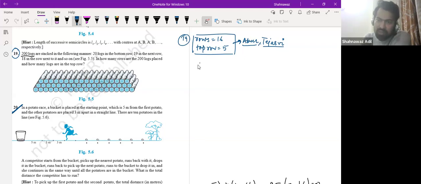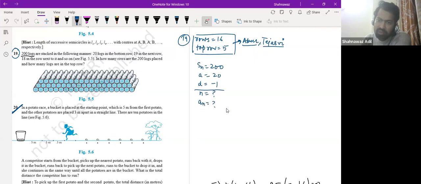So Sn is given, right? And a is given, d is given: 19 minus 20, so minus 1. You need to find out n and you need to find out an.